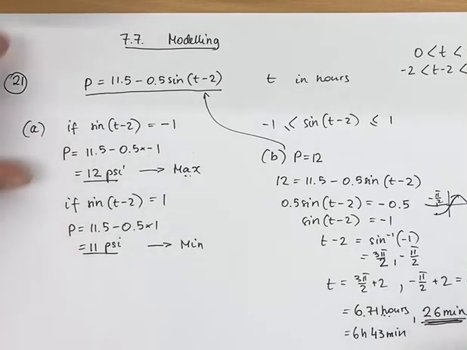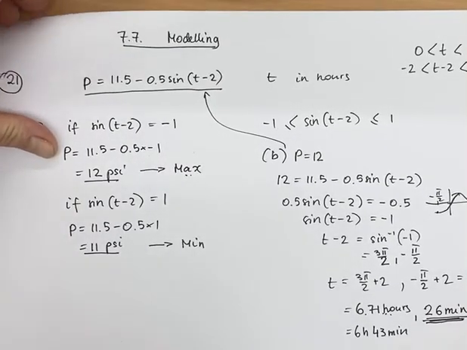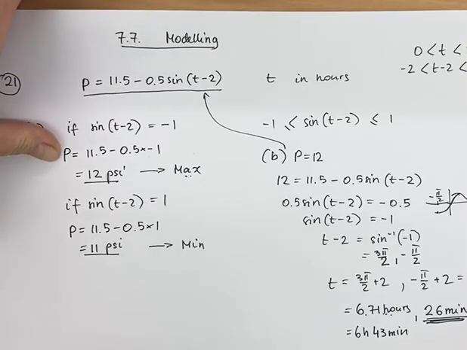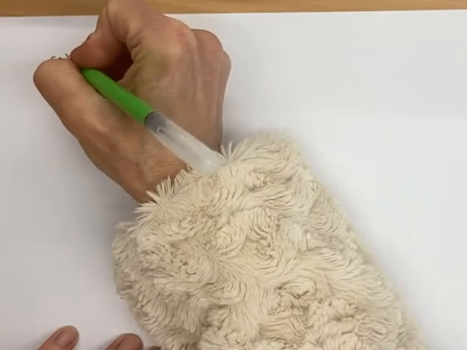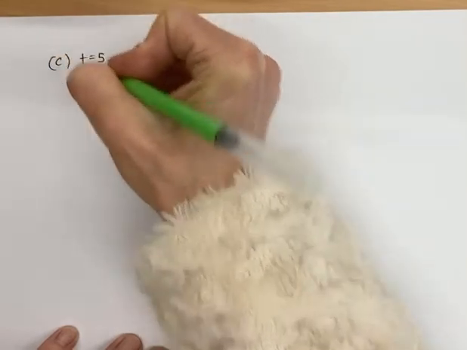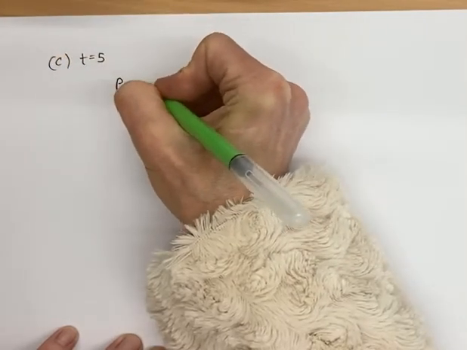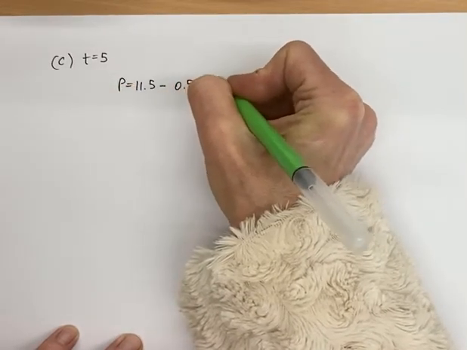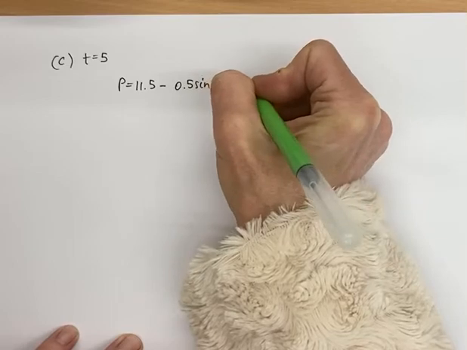Okay. Part C, calculate the cabin pressure after 5 hours at a cruising altitude. So this is simply making your t equal to 5. So P is equal to 11.5 minus 0.5 sine (5 minus 2).